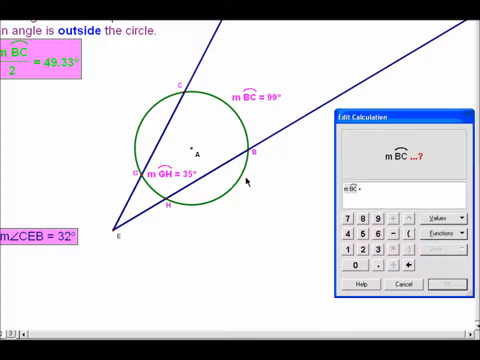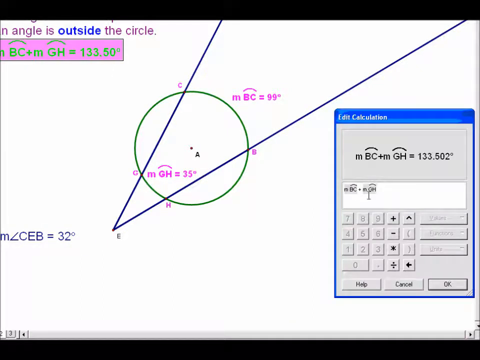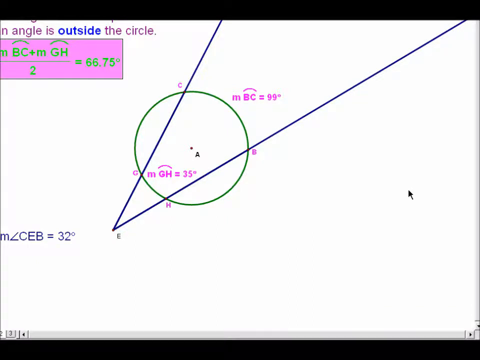Let's add the measure of arc GH. That's 133.5. Let's put some parentheses around that and divide it by 2. That's 66.75. Still not quite right. In fact, that looks like it's almost twice this.